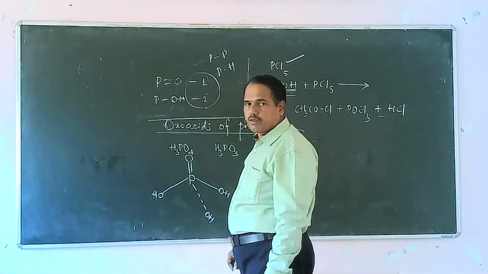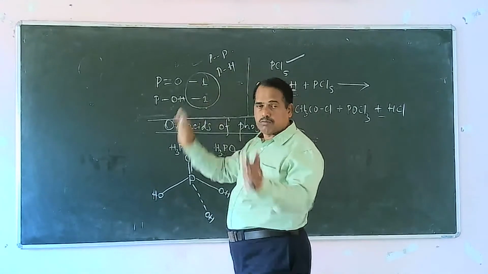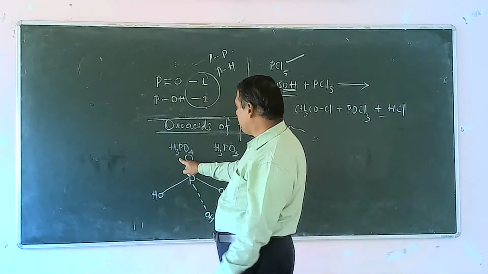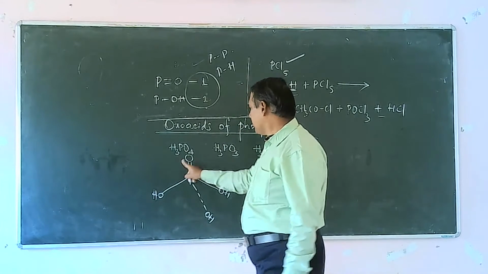It is possible, but both bonds are again not possible for any oxoacid of phosphorus. Okay? We shall concentrate on its structure.